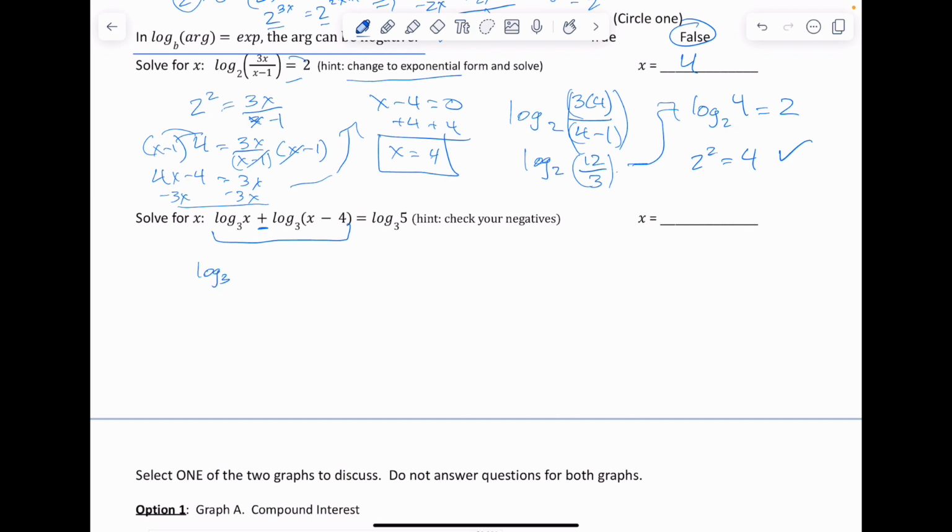Log base 3 of x times x minus 4 equals log base 3 of 5. Cool. The log bases are the same, so we can kind of ignore it and just focus on x times x minus 4 equals 5. Do some distribution. X squared minus 4x equals 5. Let's bring 5 to one side.